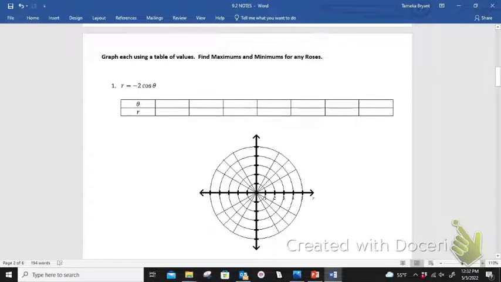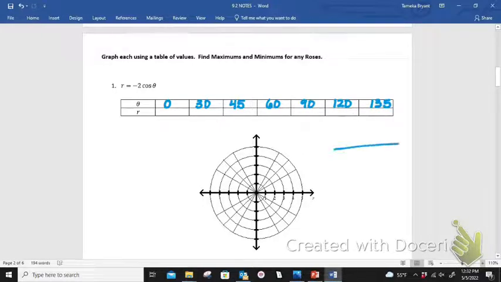And we're going to simply substitute in all of our angles, starting at 0, 30, 45, 60, 90, 120, 135.